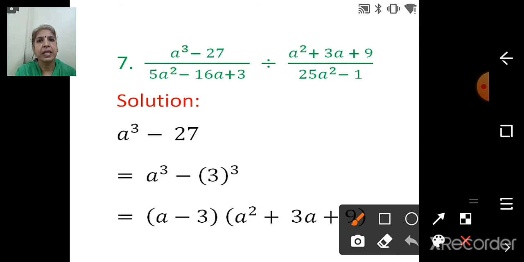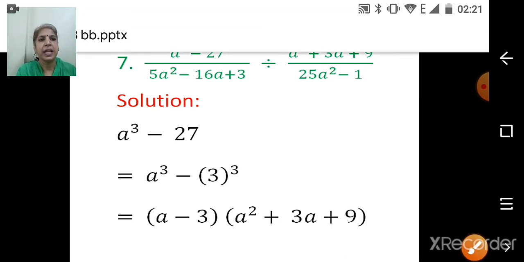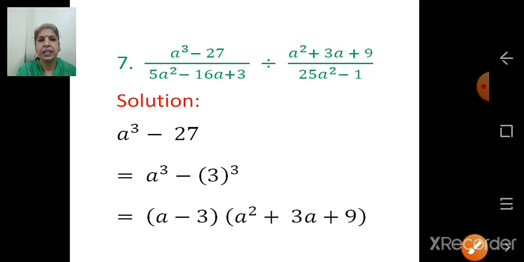So first bracket is a minus b. So here we will be writing a minus 3, the whole bracket multiplied by a square plus 3a plus 9. So these are the factors.